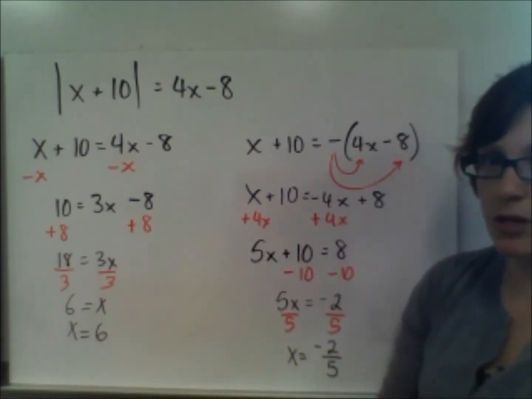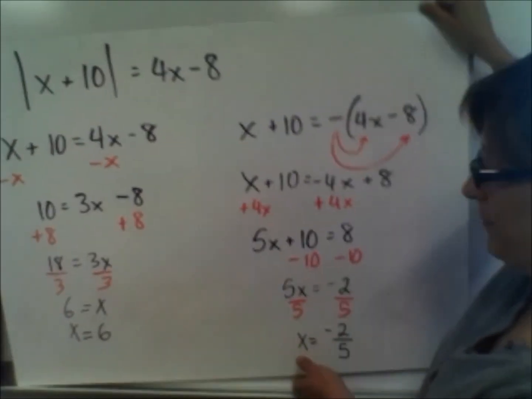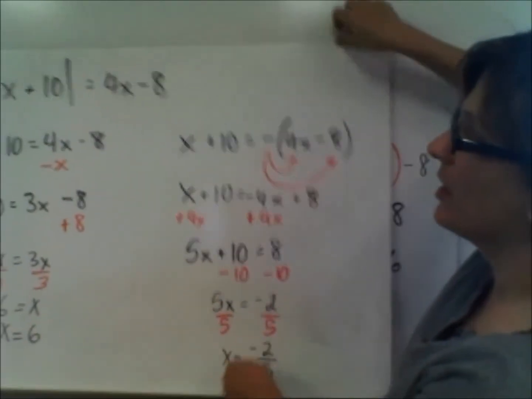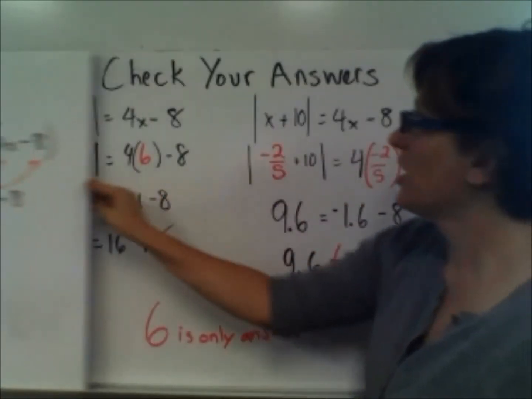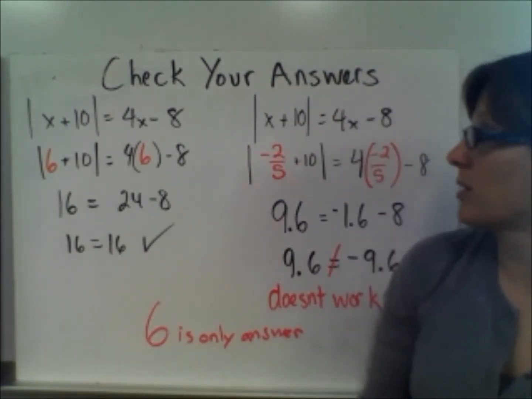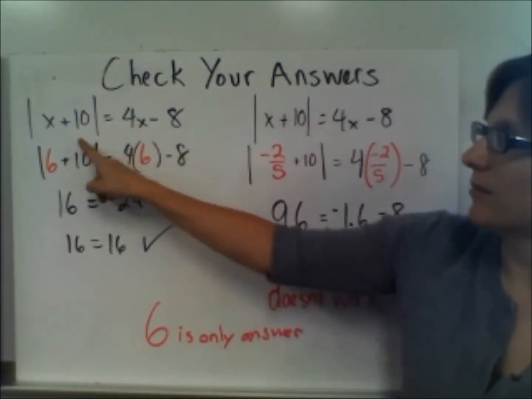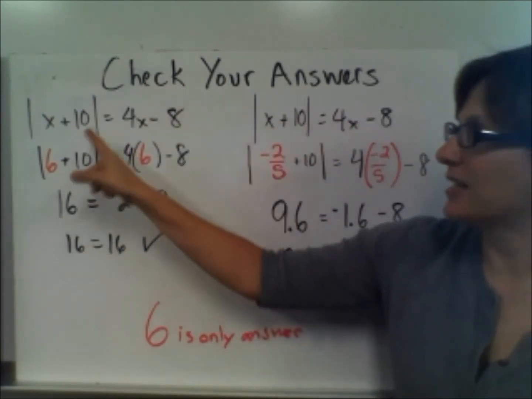A lot of work, but we're not done yet. Because with absolute value, when you have, like we did here, a variable on both sides of the equation, you need to go back and you need to check both answers. Make sure both answers work. So here's what I did. I wrote the problem out once, wrote the problem out twice.